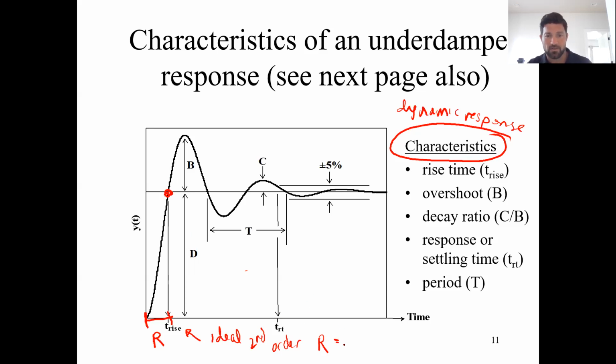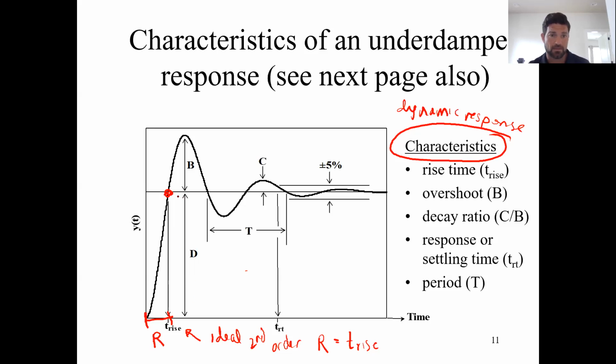For an ideal second order process, R equals T rise. But if we just want to call it a plot characteristic, T rise is a characteristic of a model. I like to call R a characteristic of the response. And those two things are slightly different, and this might make more sense in a little bit.